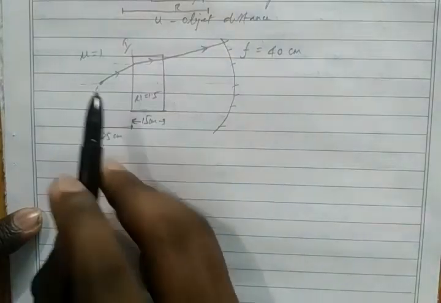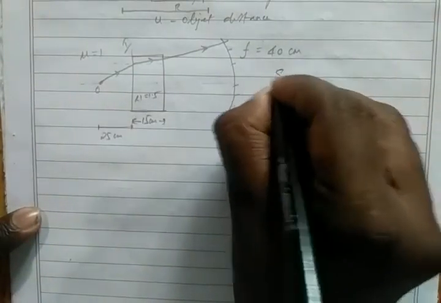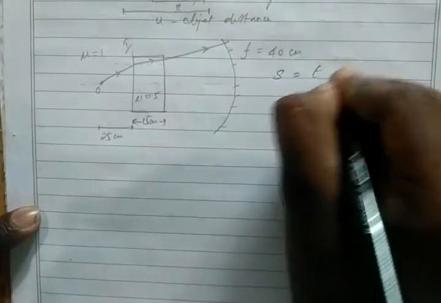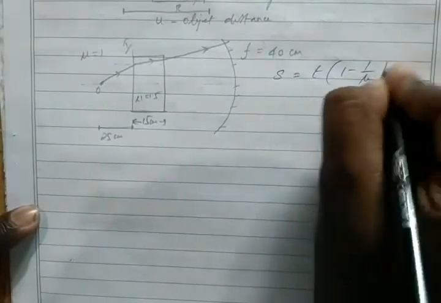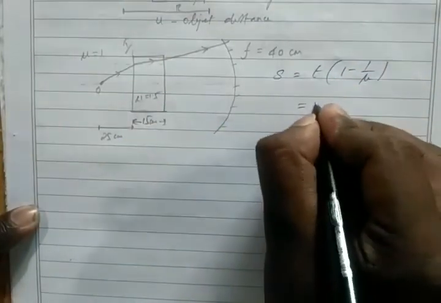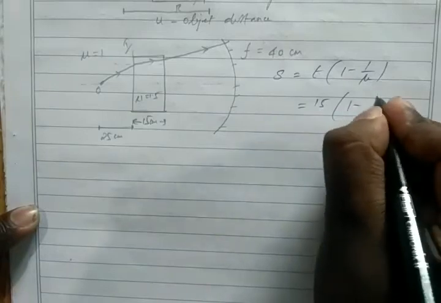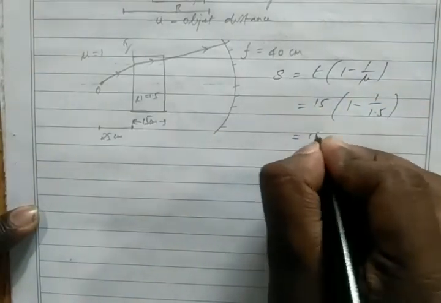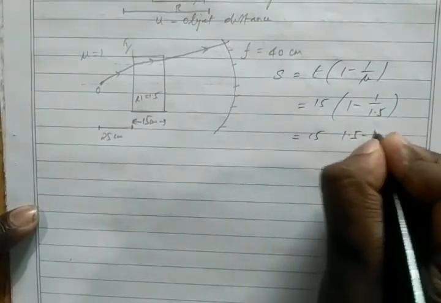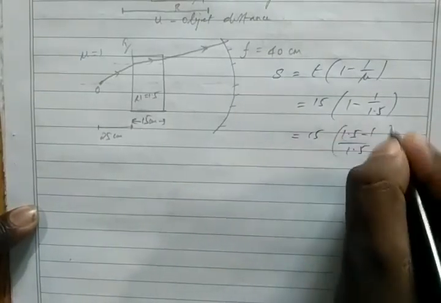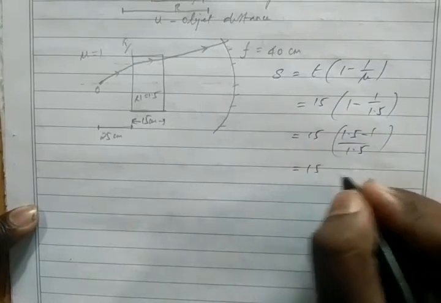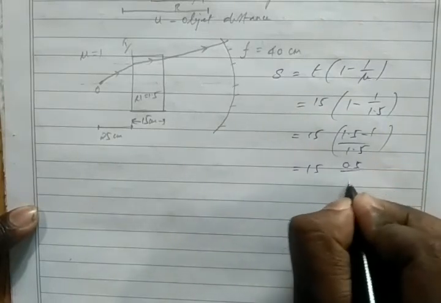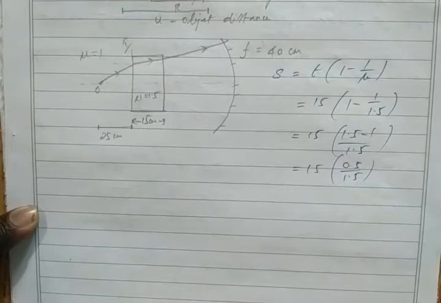Okay, so first we come to the first interface. For the first interface, the surrounding medium is air, so write the formula: shift equal to T times (1 minus 1 by mu). What is T? Thickness, 15 centimeter, times (1 minus 1 by 1.5). So 15 times (1.5 minus 1) divided by 1.5. Then we have 15 times 0.5 divided by 1.5.